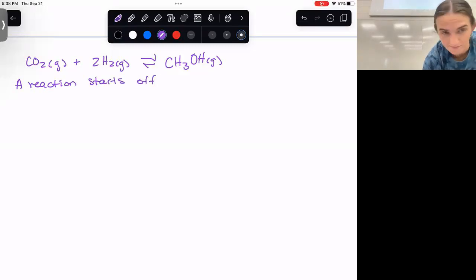Almost everything is in an equilibrium, so we almost never have something that just stops.